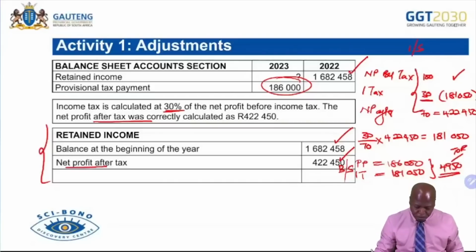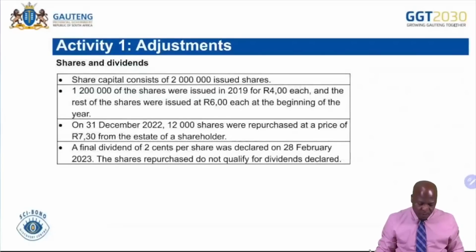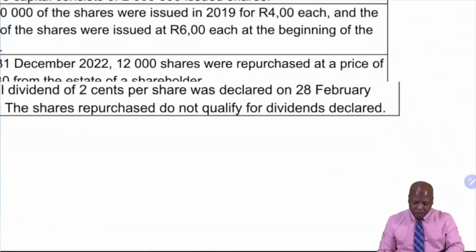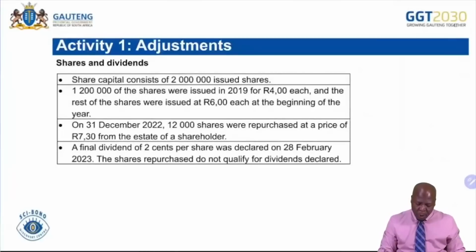Let's go and see. We're then told that the share capital consists of this, and there are shares that have been repurchased. We are told the share capital consists of 2 million shares, and then 1.2 million of the shares were issued in 2019.